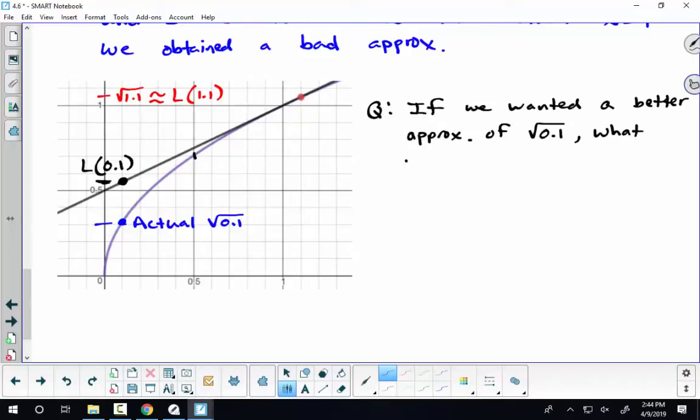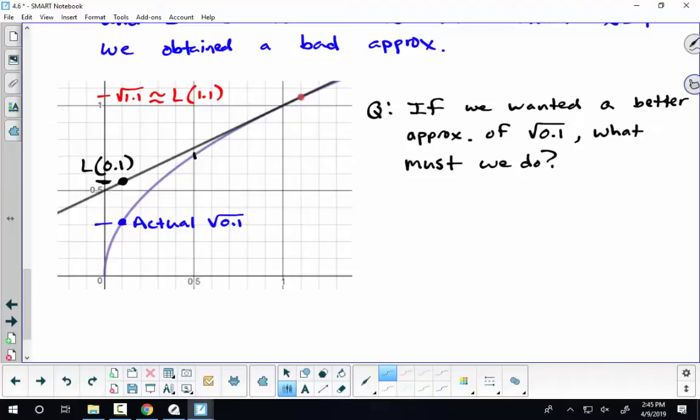What must we do? Could we in theory pick a different A value and create a different equation? Exactly, yep. So we would just choose a different A value to construct our tangent line.